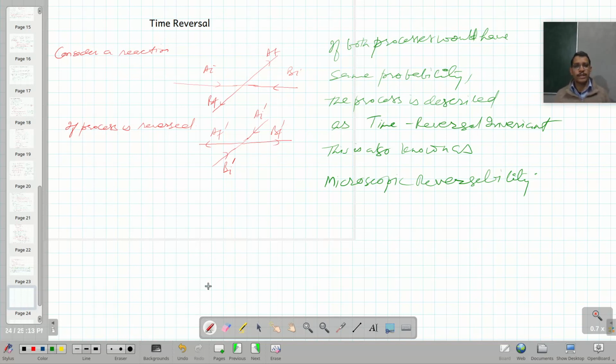So let us try to understand it quantum mechanically. This is basically a classical picture, so let us understand it quantum mechanically.